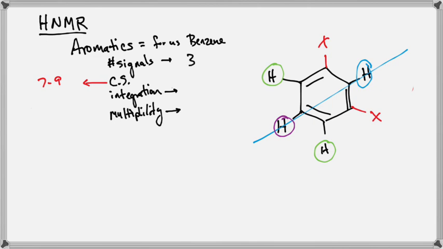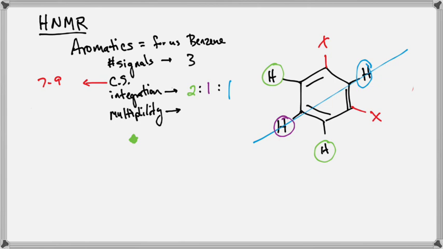What happens with your integration? 2, 1, 1. Since you said it that way, 2, 1. What color do I need? Blue? 1. Since you've said it that way, we'll start our multiplicity off with the green. How many neighbors does the green see?